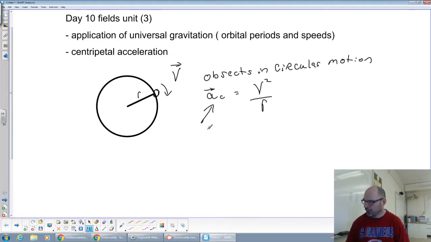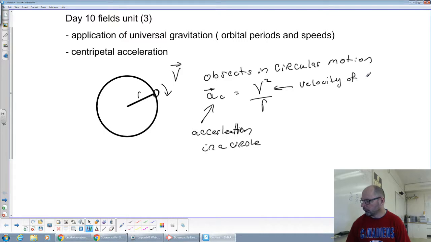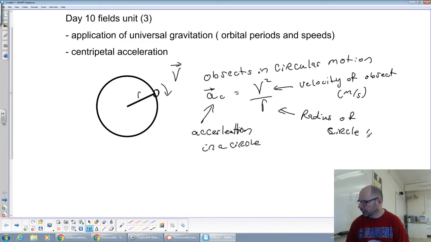This is the acceleration in the circle, this is the velocity of the object in meters per second, and this is the radius of the circle in meters.